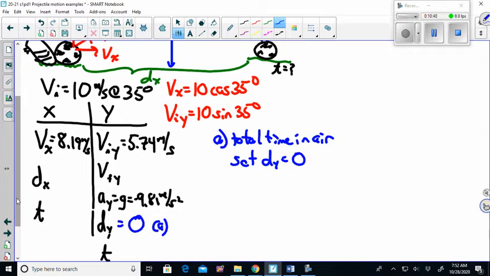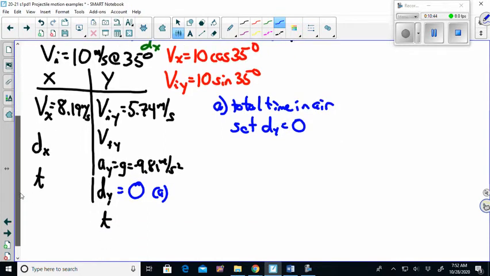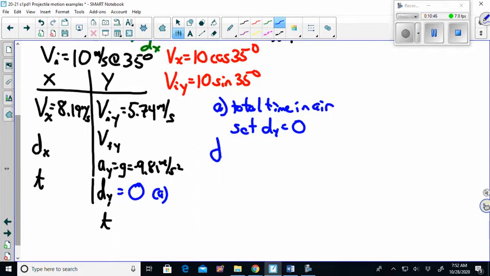And now I need an equation that has time in it that doesn't have final velocity. It's going to be dy equals 1/2 g t squared plus ViY t. So that's step 3.